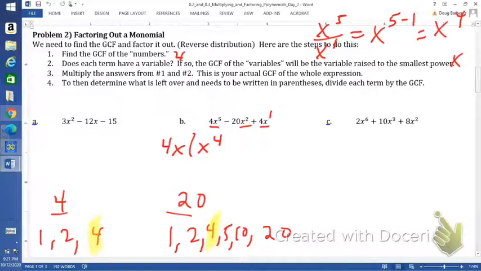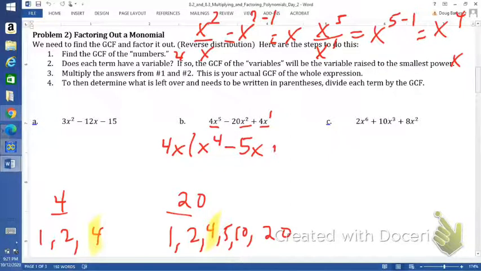We have a negative 20 divided by 4. That's going to give us a negative 5. And then we have an x squared divided by x. So it's going to be x to the 2 minus 1, so x, so negative 5x. And then 4x divided by 4x.